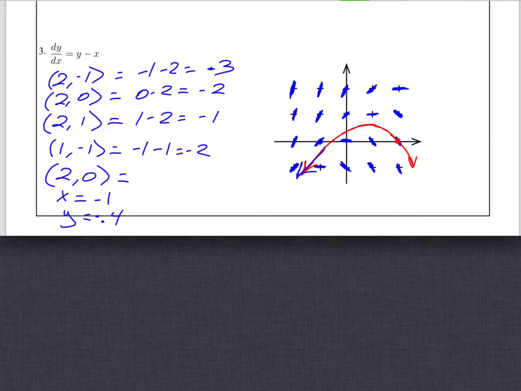So is it just following those dashes? Yeah, that's all you're doing. You're using your slopes as a guide to draw your solution. Because -1 is right here, my solution would be about right there, which would be a negative value, or -0.4.